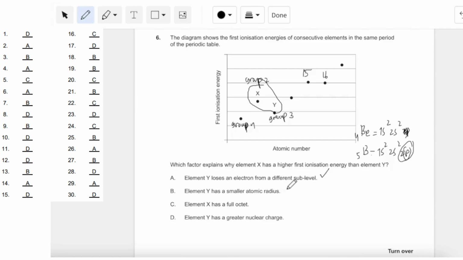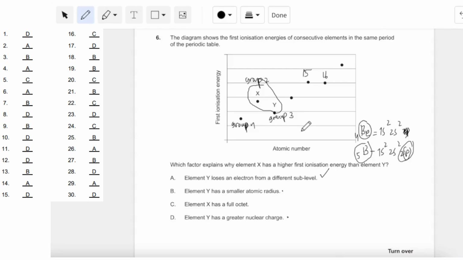What about element Y has a smaller atomic radius? It is correct. B has a smaller atomic radius compared to Be, because of higher nuclear charge, and the attraction of protons is higher compared to Be. This one is correct, and the same case with D. Element Y has greater nuclear charge. Yes, this one is +3 and this one is +2.